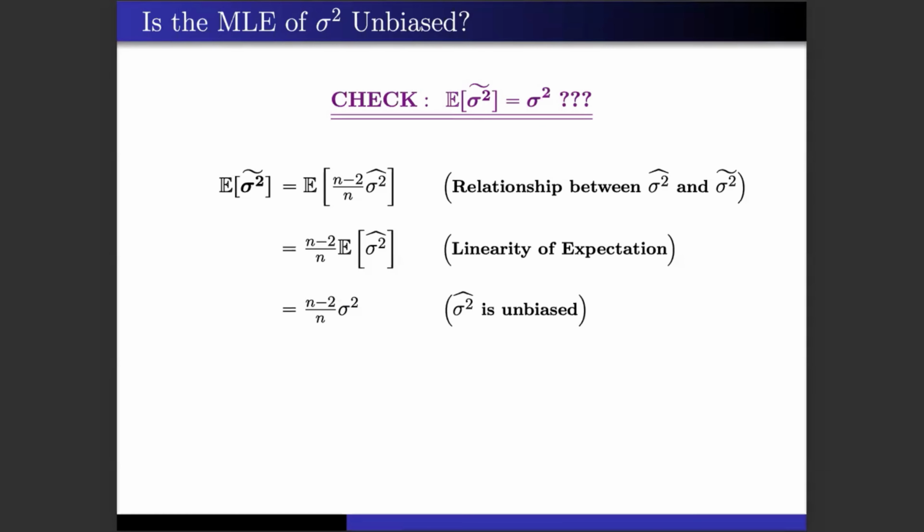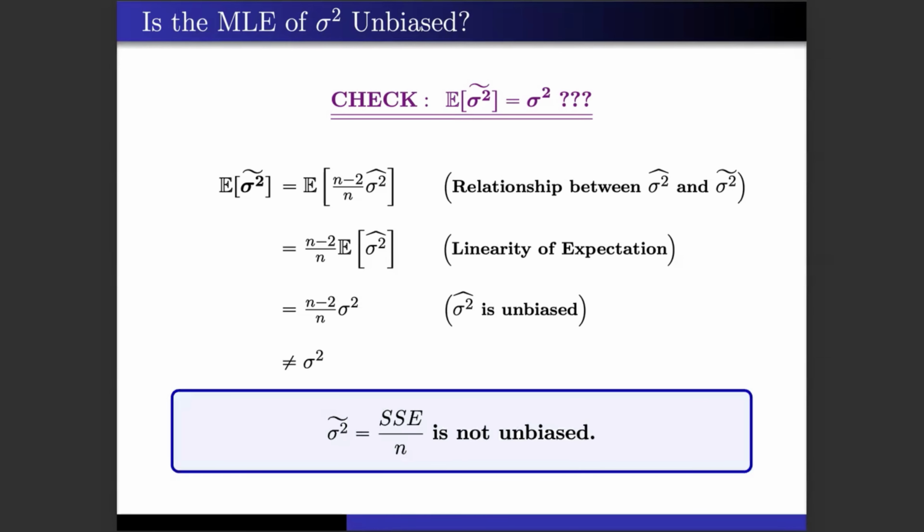In the next step, we use the fact that sigma square hat is unbiased, so the expectation of sigma square hat is equal to sigma square. Now if we look at this equation, we have that the expectation of sigma square tilde is equal to n minus 2 divided by n times sigma square, which is not equal to sigma square.